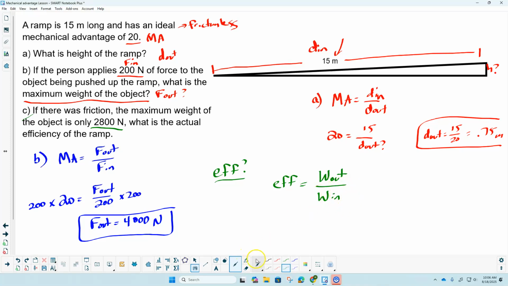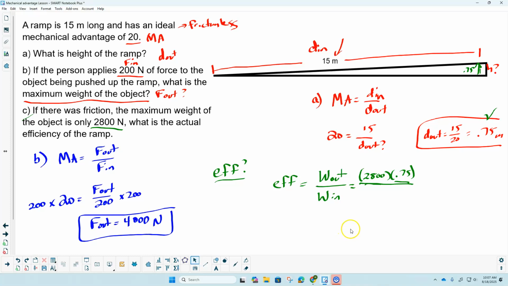Our output work would be the force that is out, so 2,800 times 0.75. It's going to go 0.75 up. That's the height of the ramp, our answer to A. And now it's only 2,800 instead of our idealized 4,000.